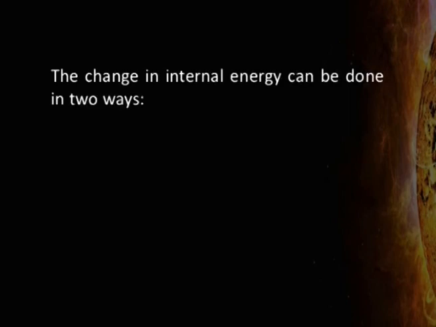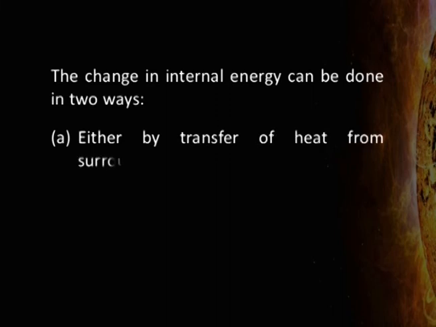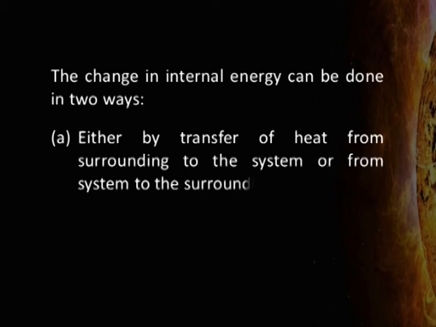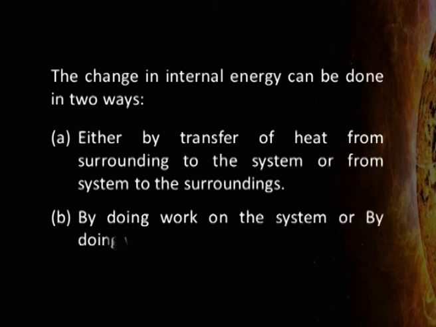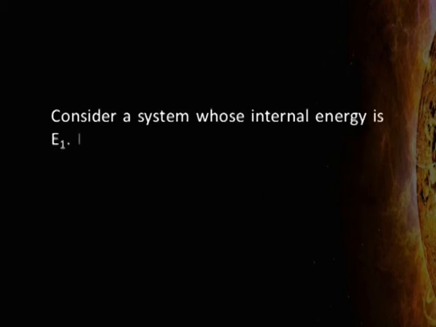The change in internal energy can be done in two ways, either by transfer of heat from surroundings to the system or from system to the surroundings, or by doing work on the system or by doing work on the surroundings. Consider a system whose internal energy is E1.